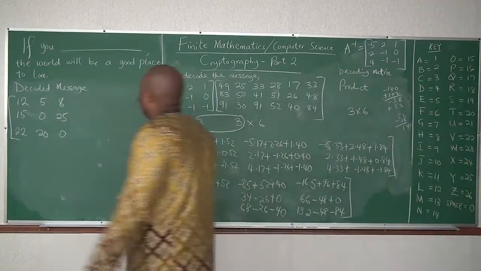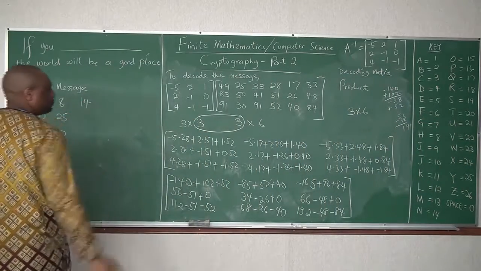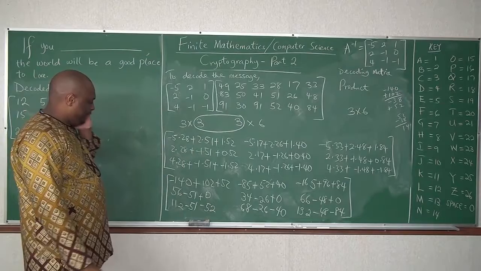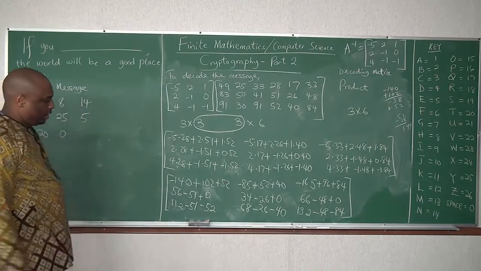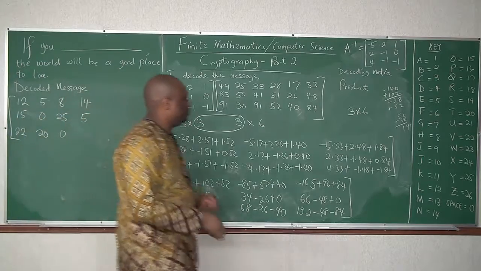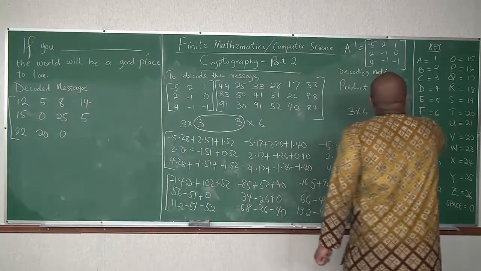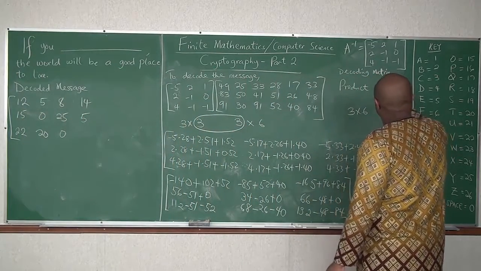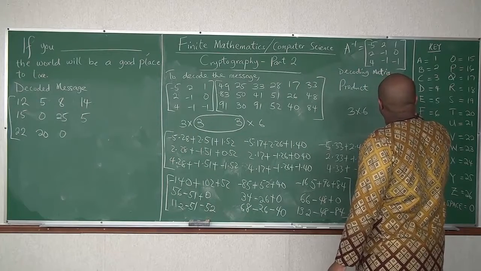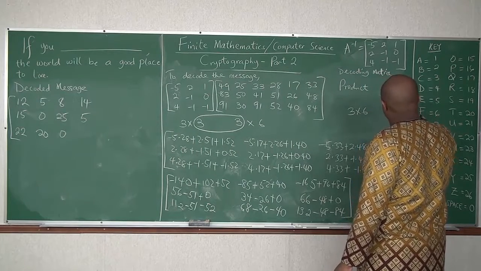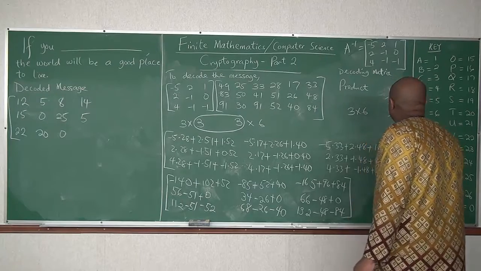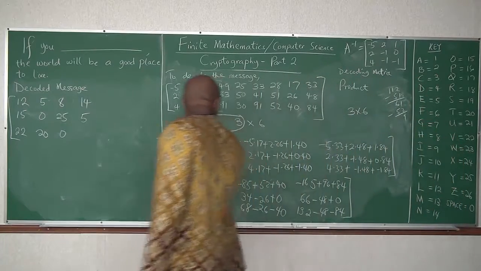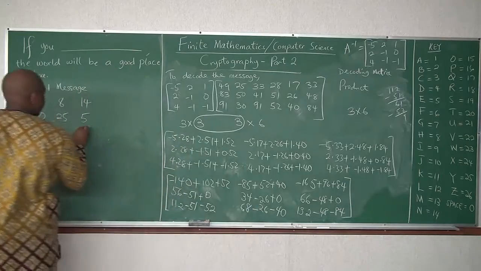So we got 14 here. 56 minus 51 is 5. 112 minus 51 is 61. Minus 52 is 9.